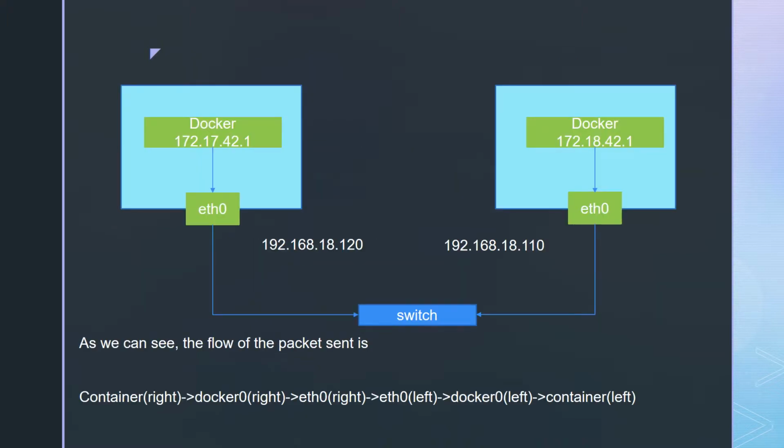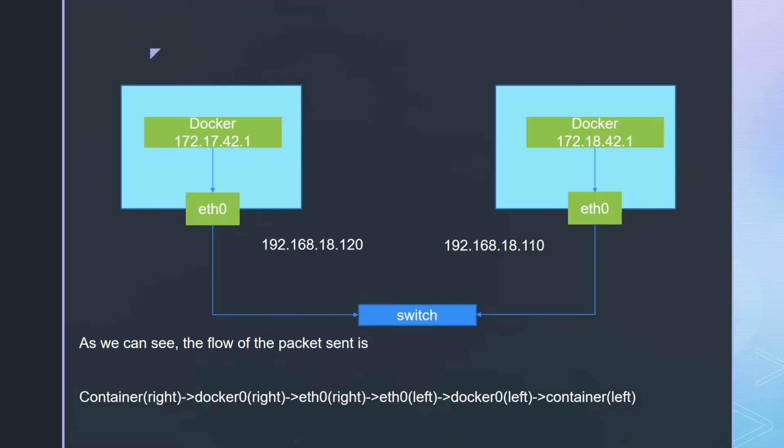At first, let me show you how my containers communicate with each other between the different hosts. The containers all need to go through the Docker 0 bridge, then the eth0, and then the eth0s communicate with each other. It will be like the picture shows.